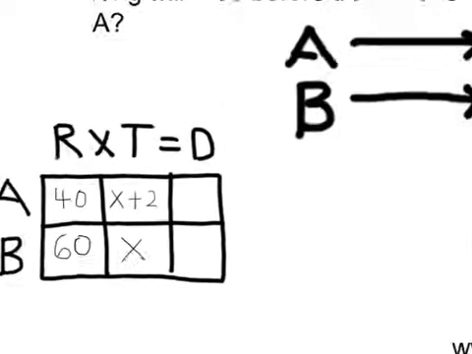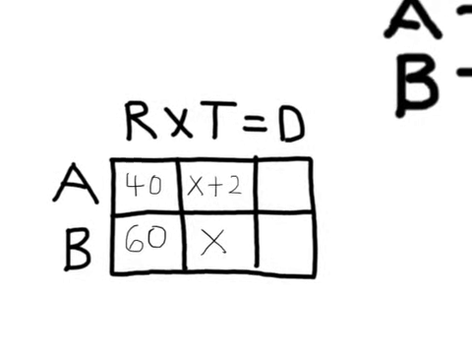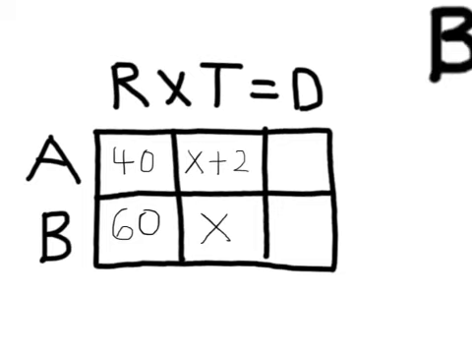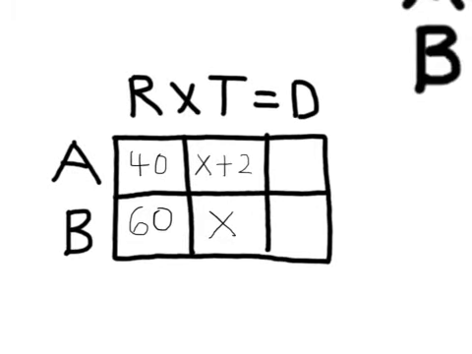So over here, we might not know the exact distance numerically, but we know how to represent it algebraically. And the way to represent it algebraically is to recognize that train A traveled 40 miles per hour for X plus 2 hours. So total distance traveled by train A, guess what? It's going to be 40 times X plus 2.